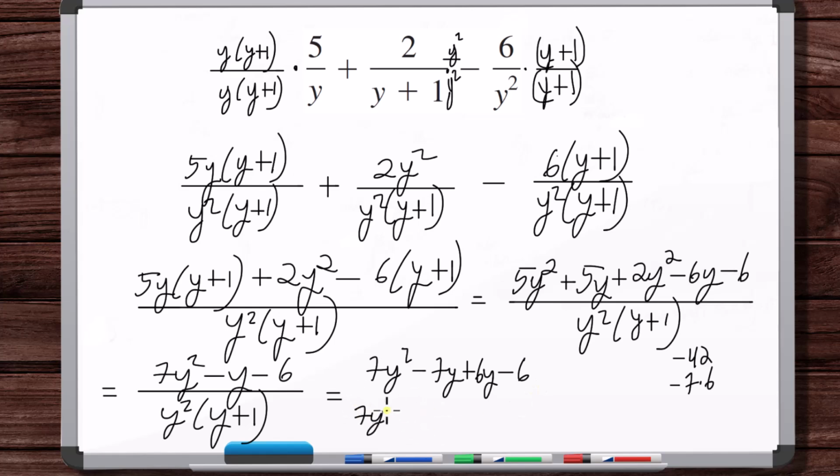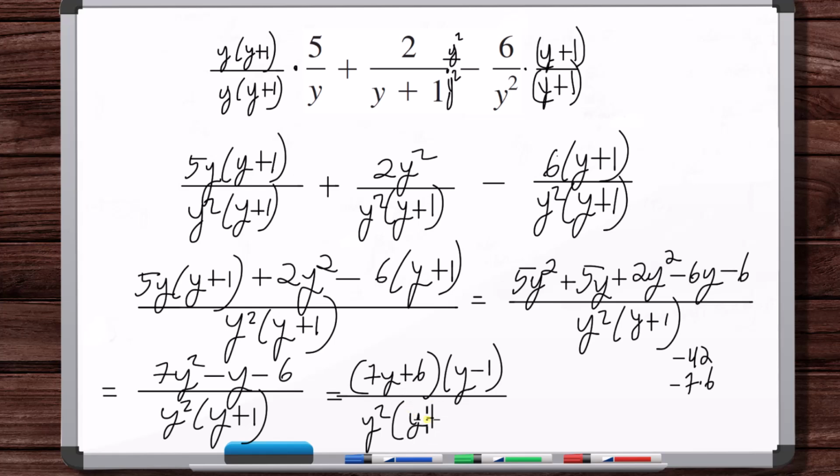So we can factor out a 7y, and we get y minus 1. Factor out a 6, we get y minus 1. So 7y plus 6 times (y minus 1). Okay, so now we can't cancel anything out here, so that's it.